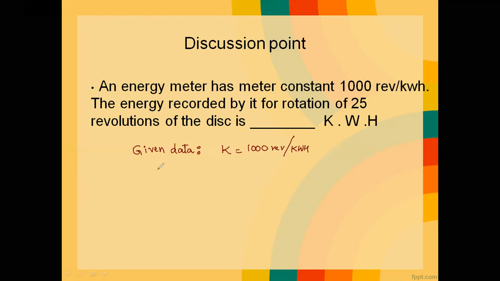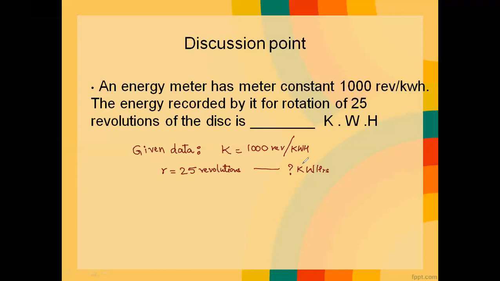Energy is recorded by 25 revolutions. So now we have R as 25 revolutions. How many kilowatt hours? The meter constant is going to be constant for any number of revolutions.